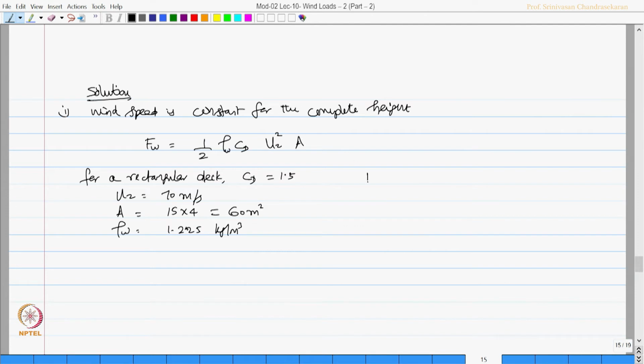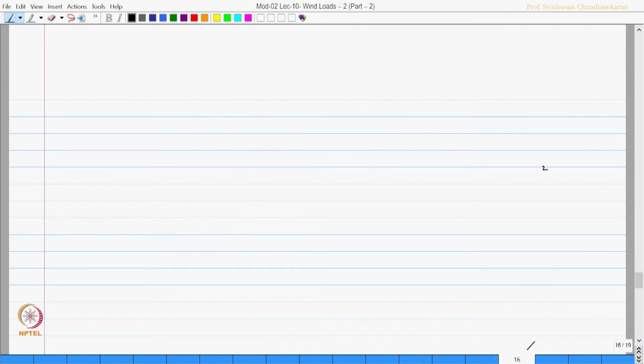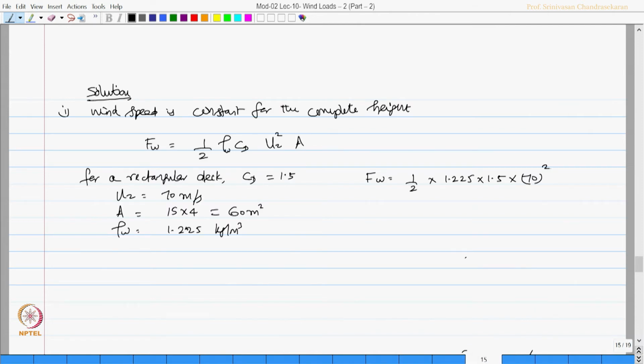So, that gives me FW as half into 1.225 into 1.5 into 70 square into 60, which is so much kilonewton. This is on the deck.